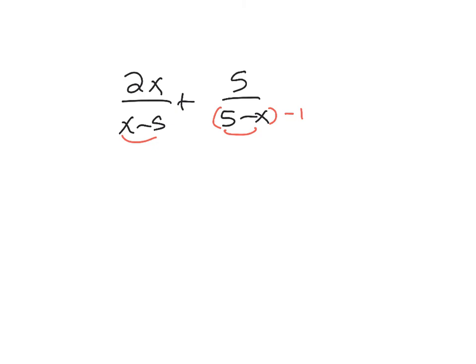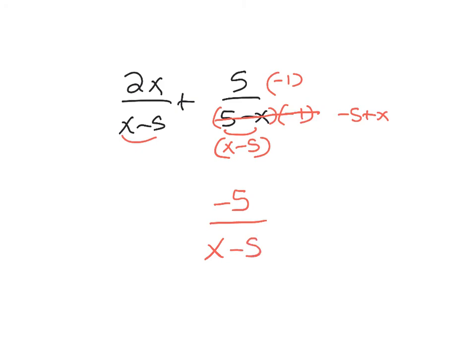Once I distribute a negative 1, it's going to turn into negative 5 plus x, and then I could apply my commutative property and flip it around. Now remember, whatever you do to the denominator, do to the numerator. So now this one's taken care of, but now my new numerator is negative 5 over x minus 5. This fraction is good. I didn't need to adjust it.